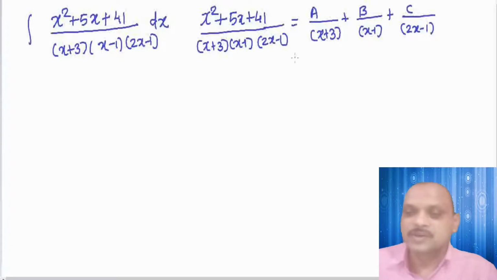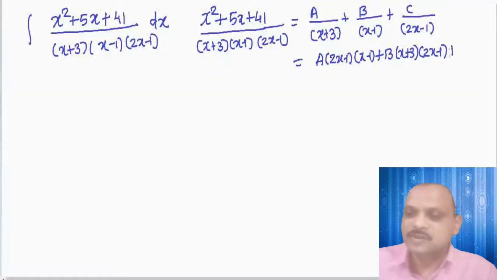This is equal to A into, let us take the LCM, 2x minus 1 into x minus 1, plus B into x plus 3 into 2x minus 1, plus C into x minus 1 into x plus 3, whole divided by x plus 3 into x minus 1 into 2x minus 1.